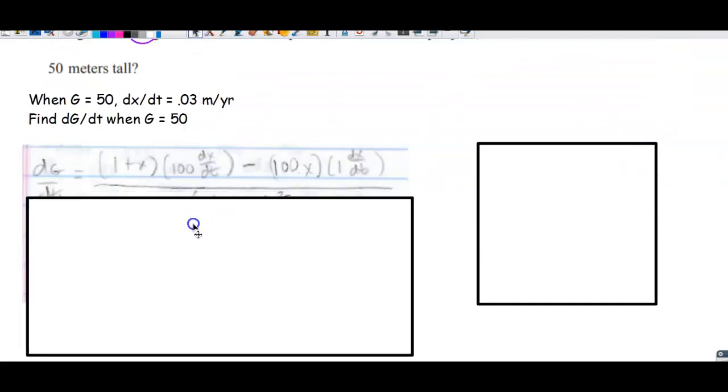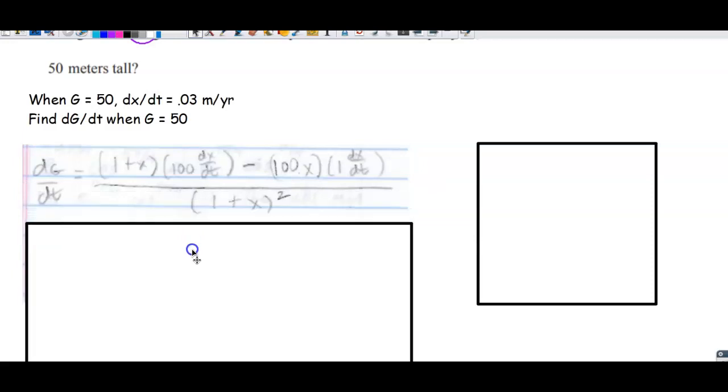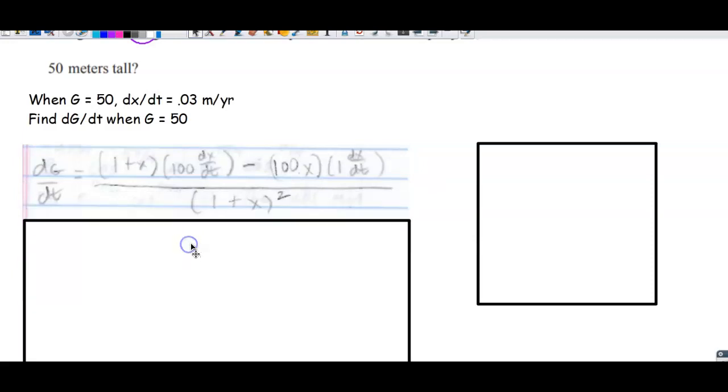So the derivative on the left-hand side is just dg dt. That's extremely easy. And on the right-hand side, I'm going to need the quotient rule. Down d up minus up d down over down down. But when I take the derivative of an x term, because we're taking the derivative with respect to time, I get a dx dt here, and I get a dx dt here in my quotient rule.